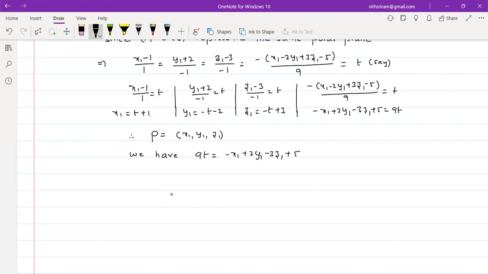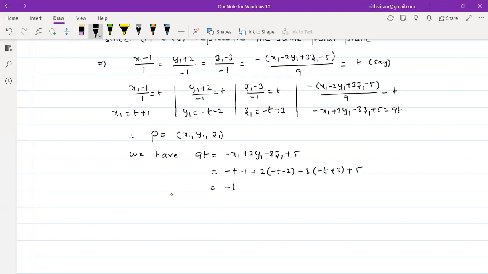So minus x1 is minus t minus 1, since x1 is t plus 1, we multiply it with minus 1. Plus 2y1, so we multiply the value of y1 with 2, so we get 2 into minus t minus 2. And the value of z1 with minus 3, that is minus t plus 3, and plus 5.